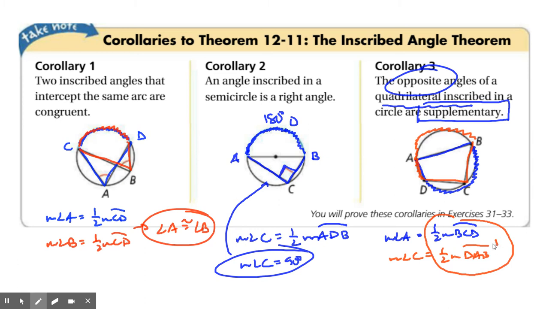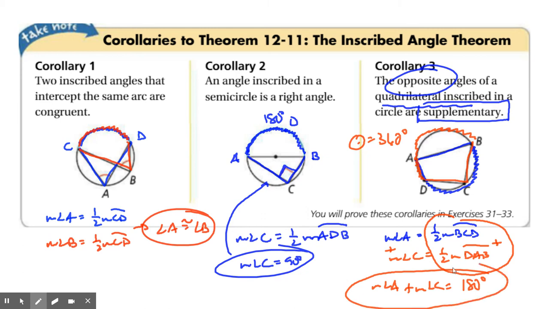So if you add these two together and you add these two together, you'll get the measure of angle A plus the measure of angle C equals. Well, if these two arcs equal the circle, remember that a circle equals 360 degrees. So together they equal 360, but it's half of 360. And what is half of 360? Half of 360 is 180. And there's your idea of being supplementary.